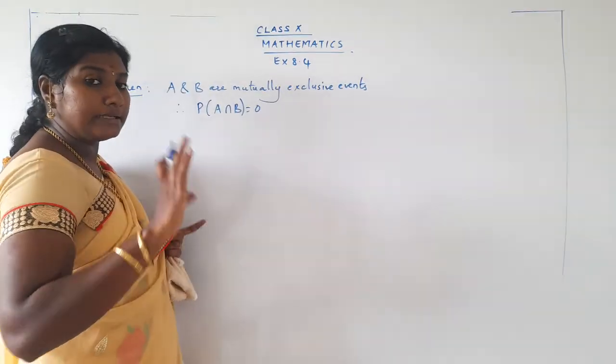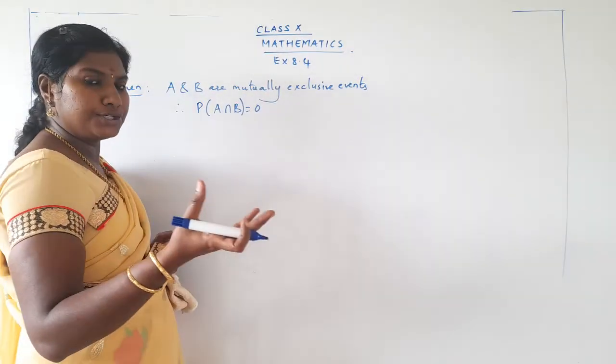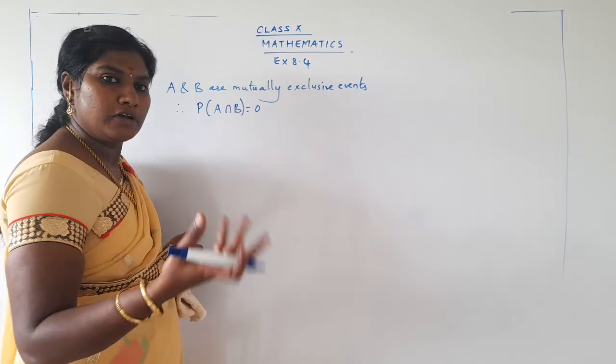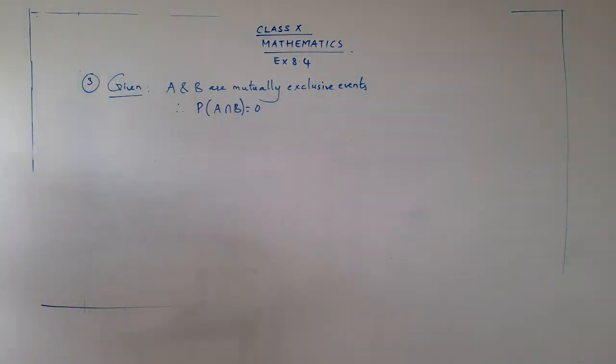There is nothing common, so the probability will also be 0. Write down: A and B are mutually exclusive, therefore P of A intersection B is equal to 0.